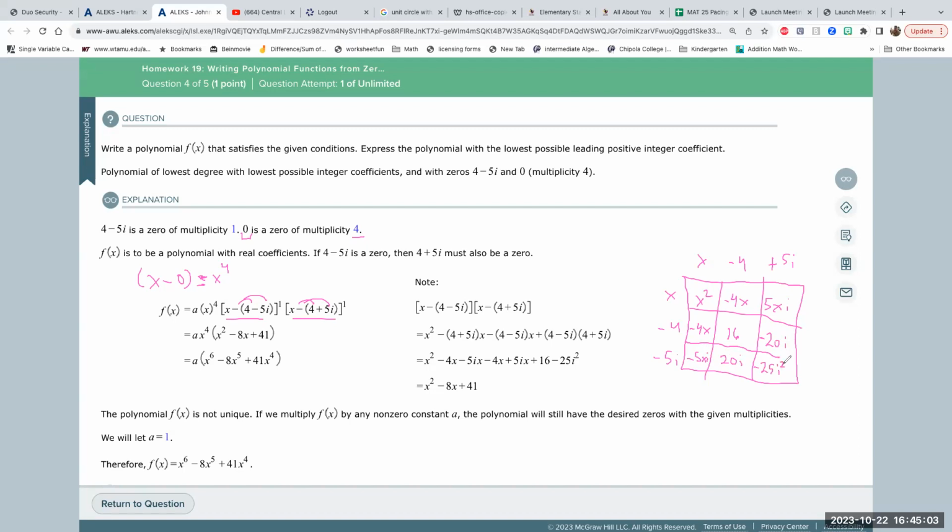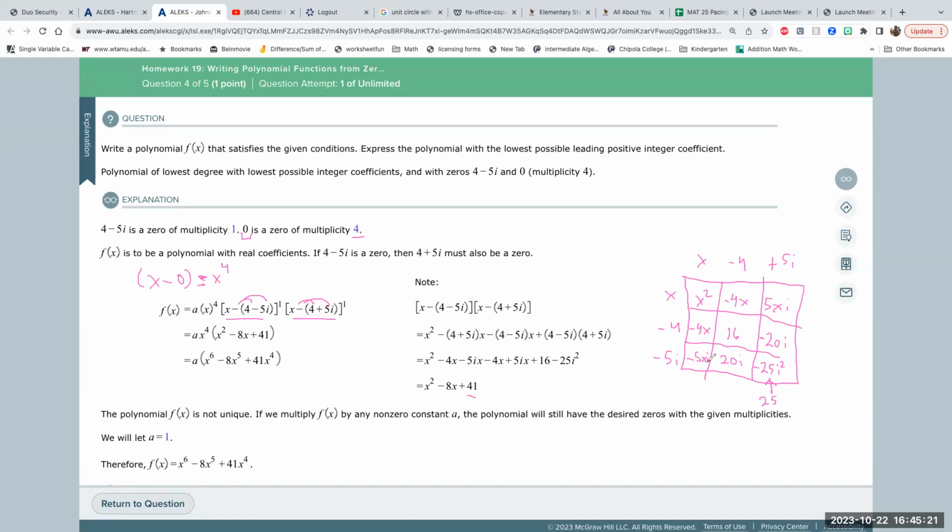But whenever you have an i squared, that just goes away and changes your sign. So this right here is just going to turn into a +25 with no i's. All right, so when you combine your like terms there, you got 16 and 25. That's where they get the 41.